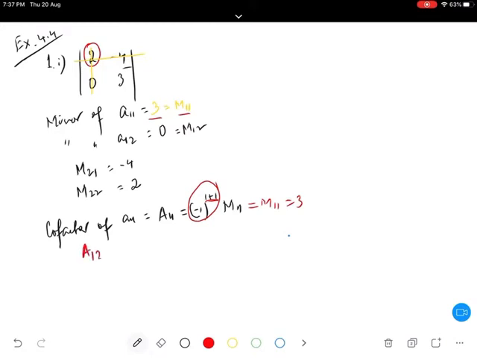Now tell me, what will be A12? Look here, 2 plus 1 is an odd number, so minus M12, and M12 is 0. So I get 0. Now tell me A21.